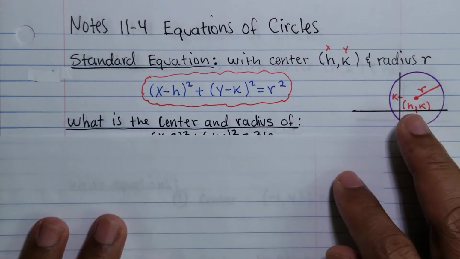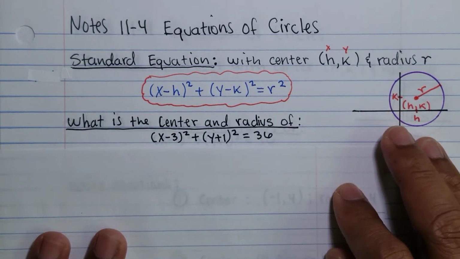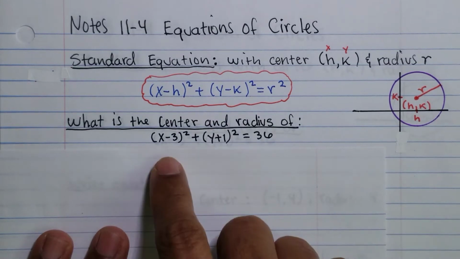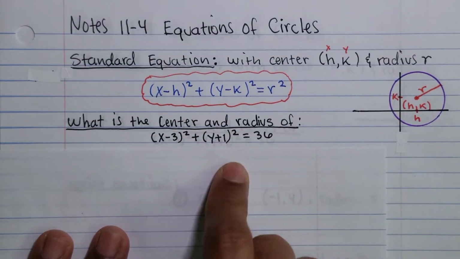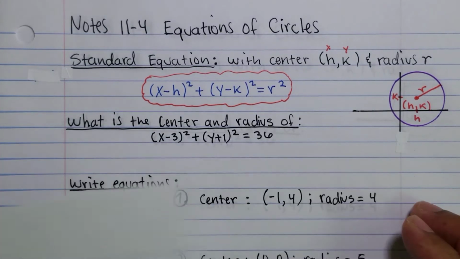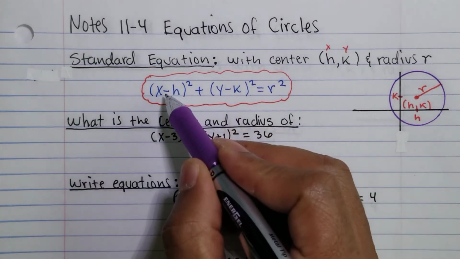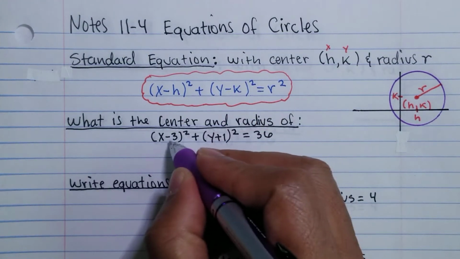Now let me go into one example right away. This one is asking what is the center and radius of this circle, of course: (x minus 3) squared plus (y plus 1) squared equals 36. First of all, notice the formula says x minus h, so this one is already set up for us.